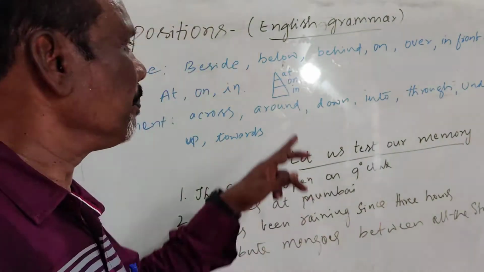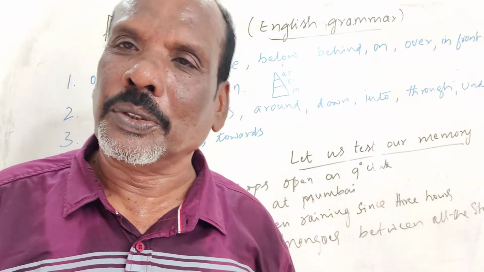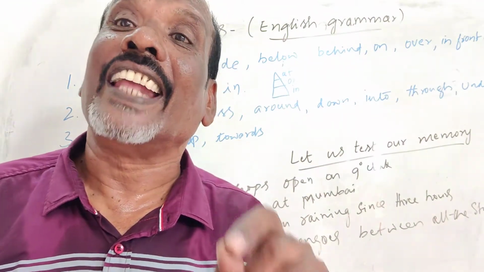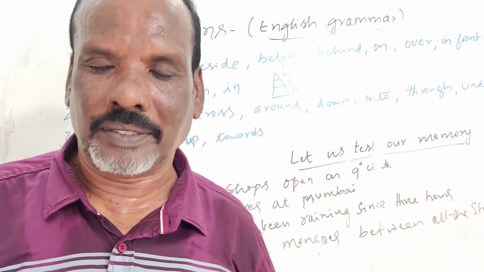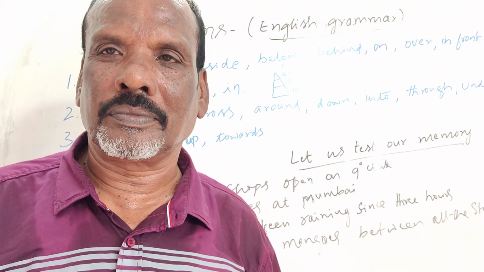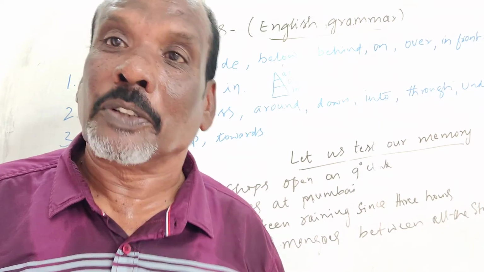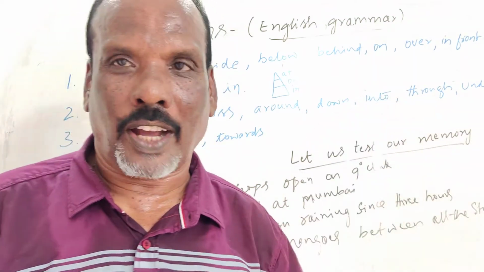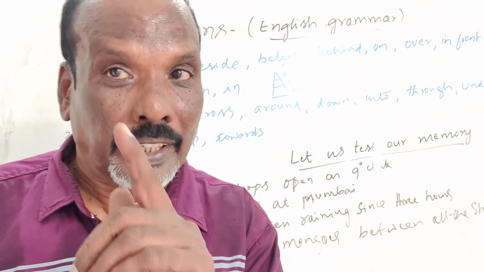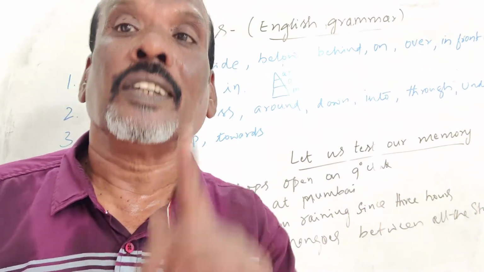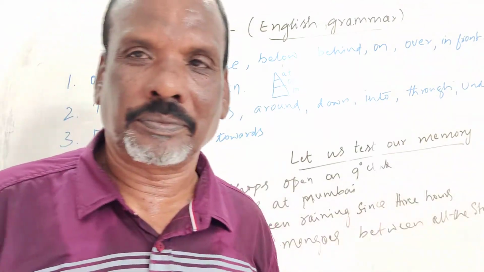Right? Okay. On. On is used for day and date. I will meet you on Monday. He was born on 15th of August. On. For the days and the dates, we should use on.